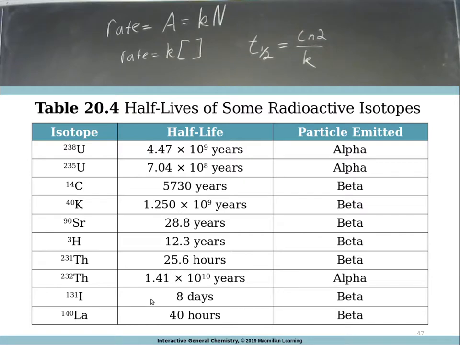It actually has a very long half-life as well, 704 million years. Carbon-14 is relevant in carbon dating. It has a half-life of almost 6,000 years. Potassium is also used for dating mineral samples, and it has a half-life of about 1 billion years.